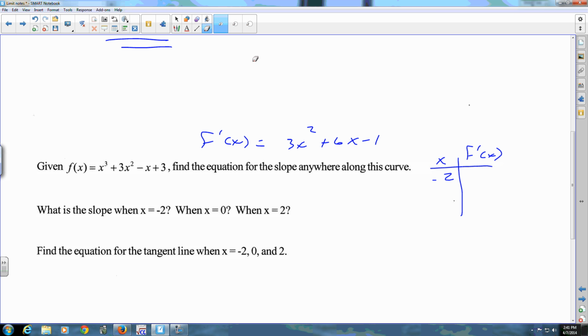Coincidence that that number is negative 1. Okay, slope is 0 at x equals 0. That's going to be easy enough. Did I really fill this out right? Let's go 3x squared plus 6x minus 1.